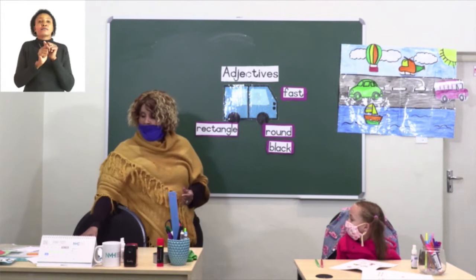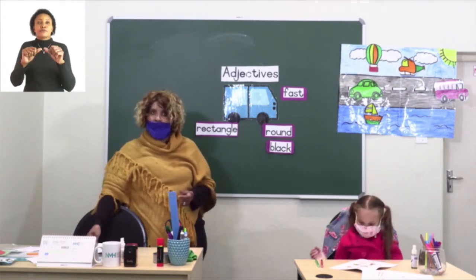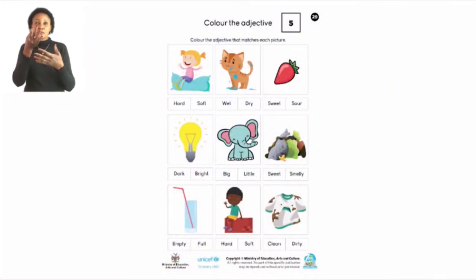Now, if we go back to page 29, the instruction says, color the adjective that matches each picture. In the first picture, we have a girl. And under this girl, there are two words, hard and soft.